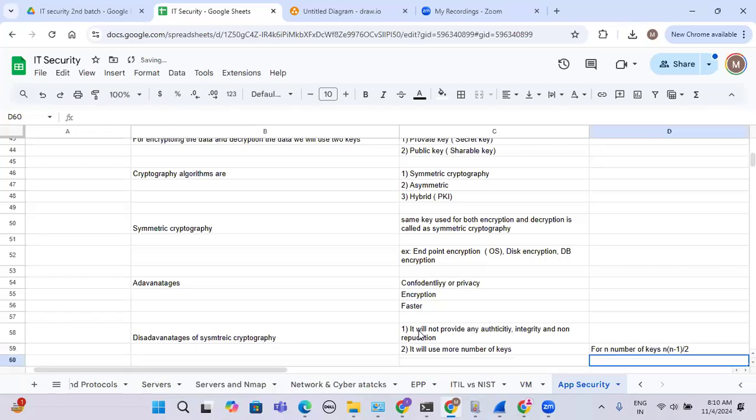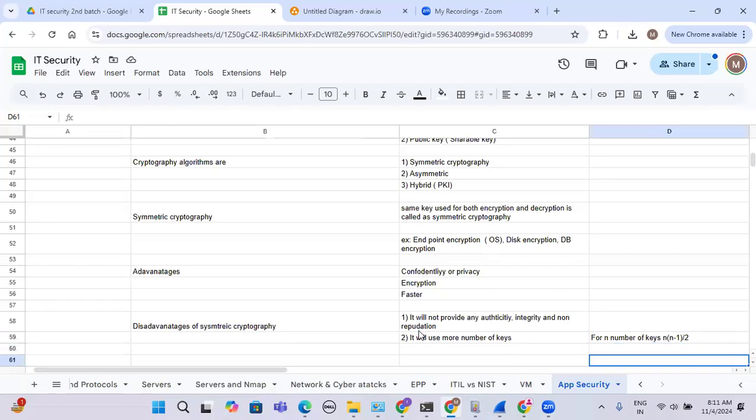This is based on the probability side. In the 10th standard, we studied probability and statistics: nPr equals n factorial by (n minus r) factorial into r factorial. That is the way this formula appeared. So for n number of keys, the formula these scientists invented is n into (n minus 1) by 2.